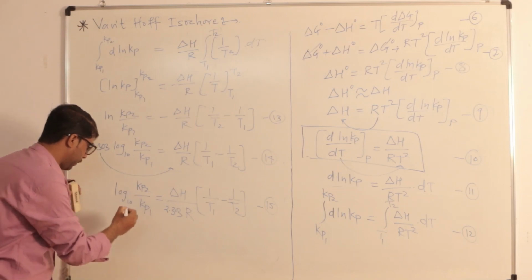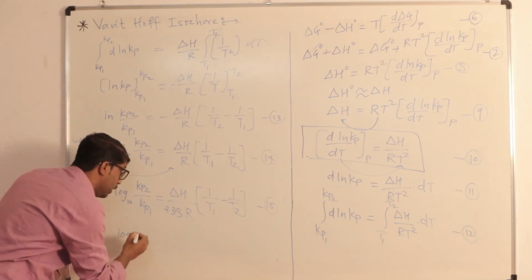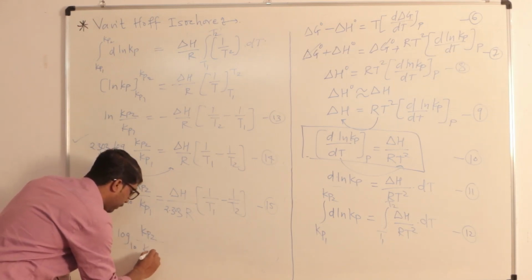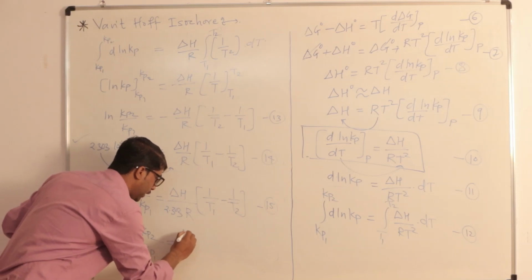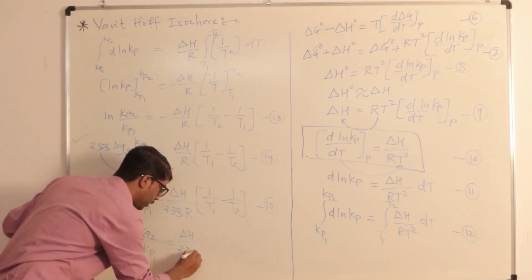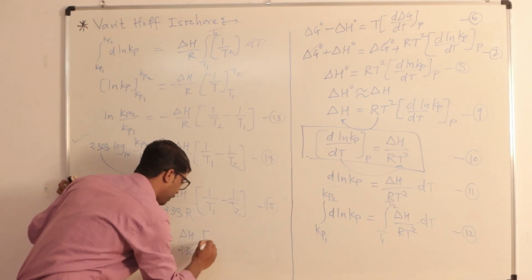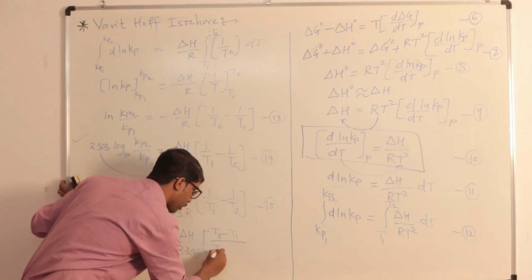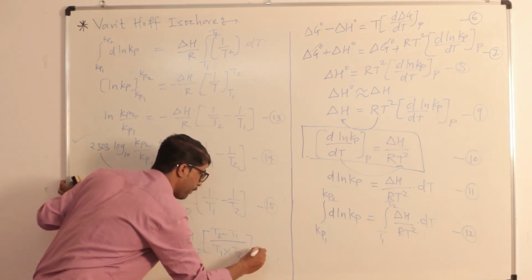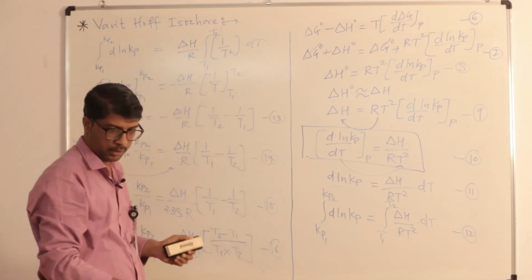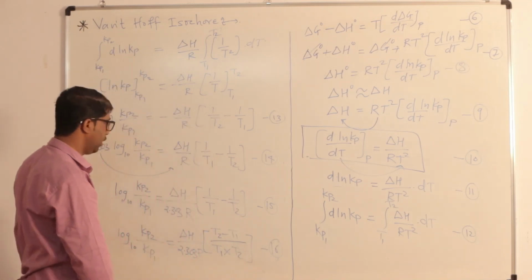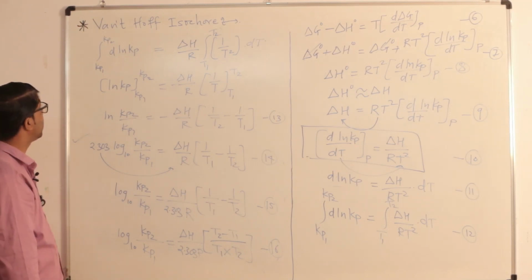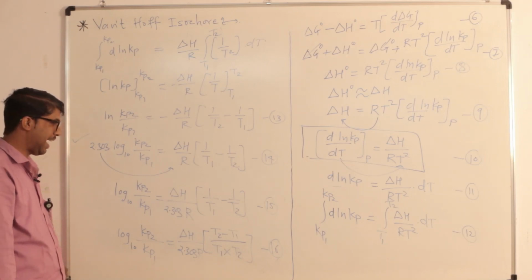In another way, we can write equation number 15 as log base 10 of Kp2 upon Kp1, which is equal to delta H upon 2.303 R multiplied by T2 minus T1 upon T1 multiplied by T2. Let's say it is equation number 16. So equations number 14, 15 and 16 are the integrated forms of the van't Hoff reaction isochore.